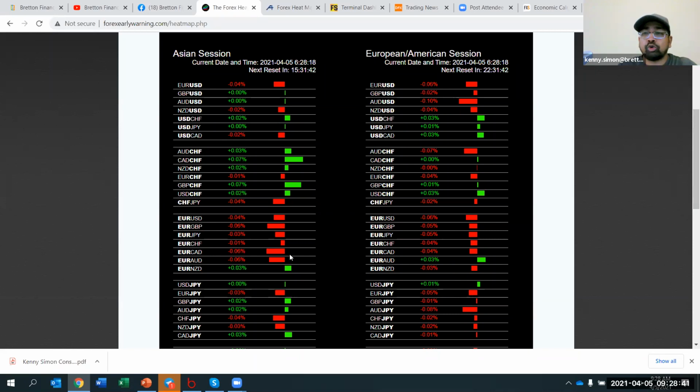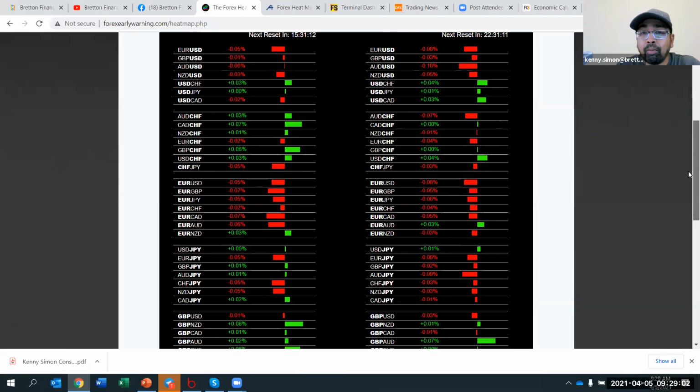Okay, so then when it comes to the European session, that is not fully open at the moment. Southern European countries are already open, but then London opens at about 8 o'clock, which is 10 o'clock my time. Another half an hour or so, then you see that London open would actually impact more movements.